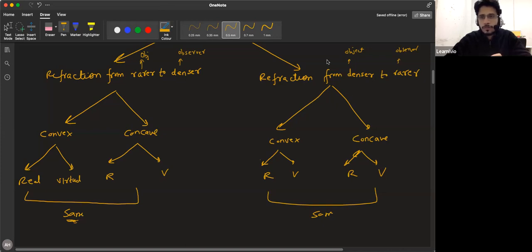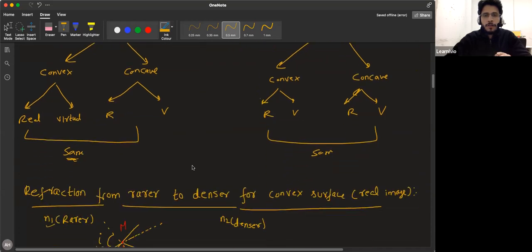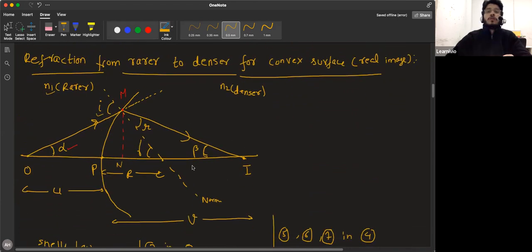Okay, good. Okay, written, I believe. Anshika, written all cases?